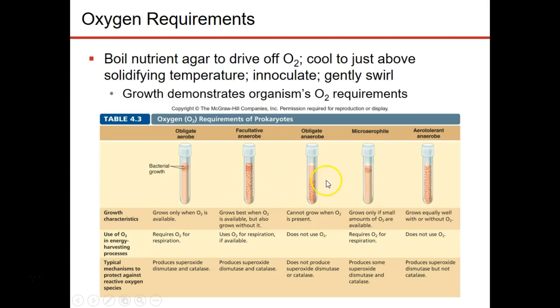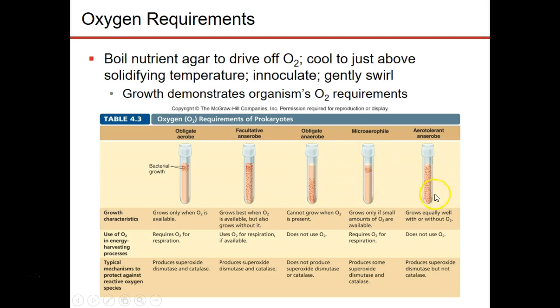An obligate anaerobe will grow only at the bottom of the agar tube. The reason for this is they can't have oxygen. They don't have those enzymes to protect them from oxygen's rogue activities. So they grow in this lower environment and do not interact with oxygen at all.